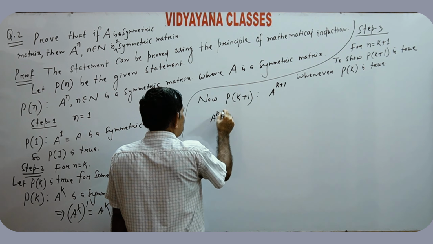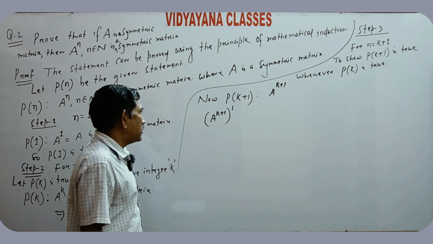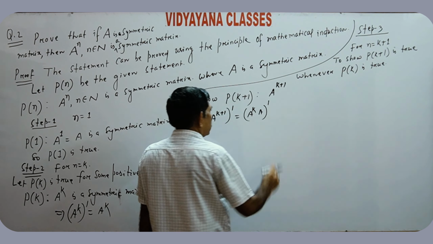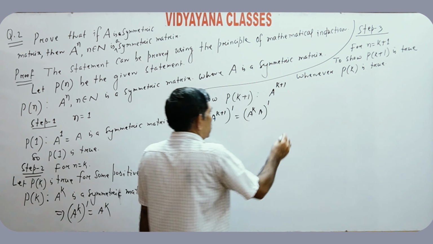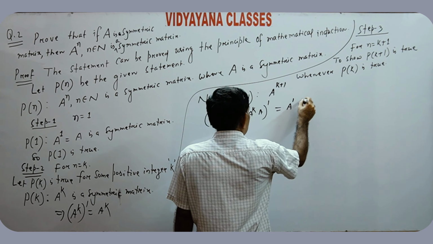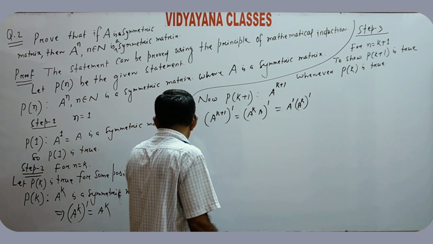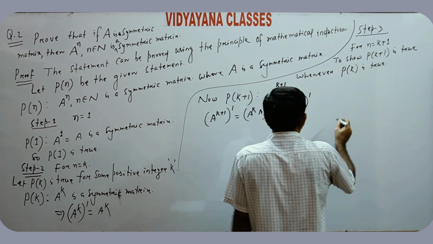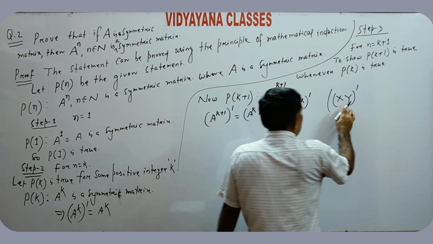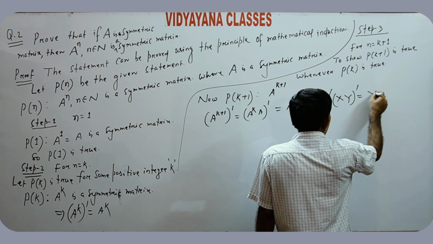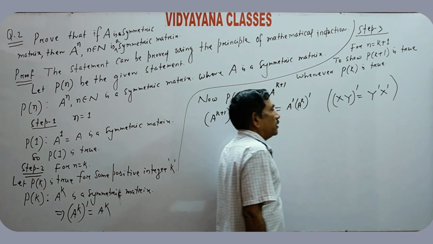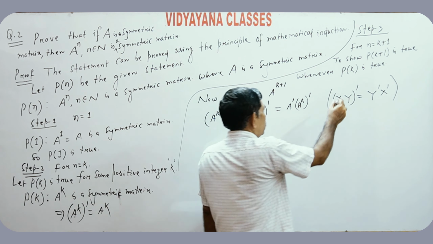A to the k plus 1 whole dash is equal to A to the power k into A whole dash, which is same as A dash into A to the k dash, since transpose of product of the matrices is equal to product of the transposes in the reverse order.